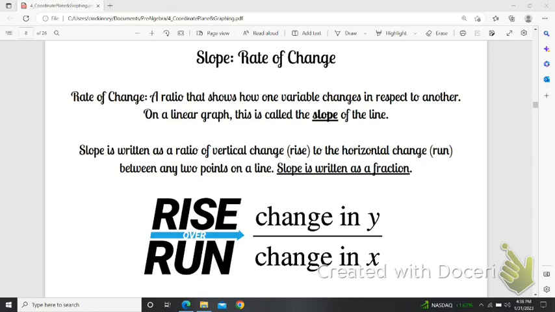And when we're looking at a graph and we have a straight line, the rate of change is the slope of the line. It's about how steep it is. The slope is a ratio, a fraction of the rise, how much it's going up or down as we move across the page, to the run, how much it's moving over from left to right.